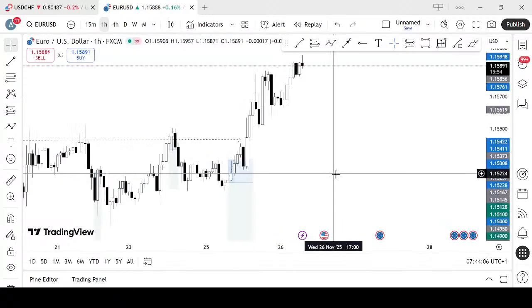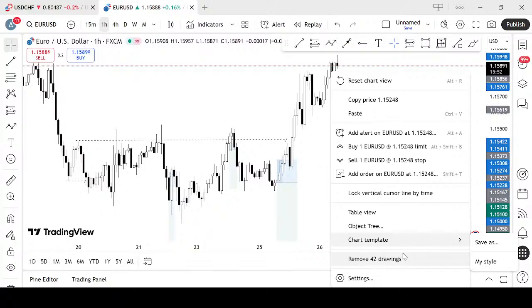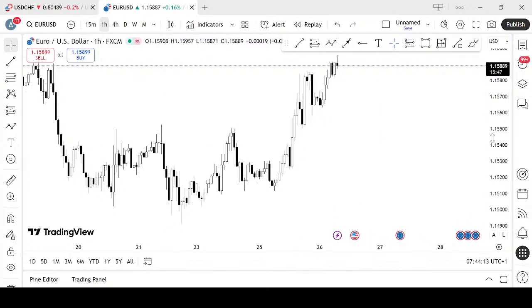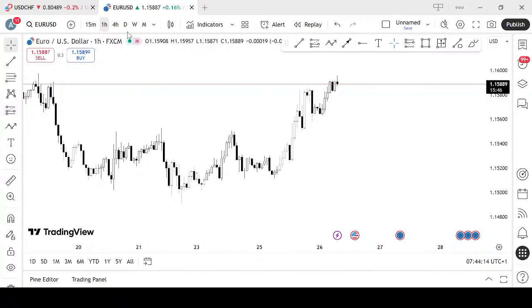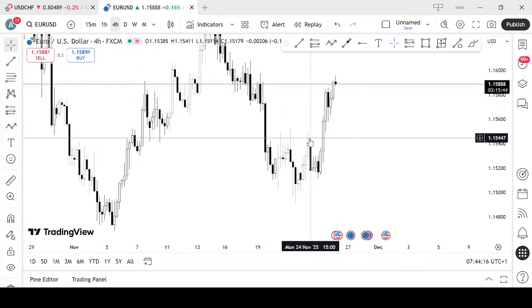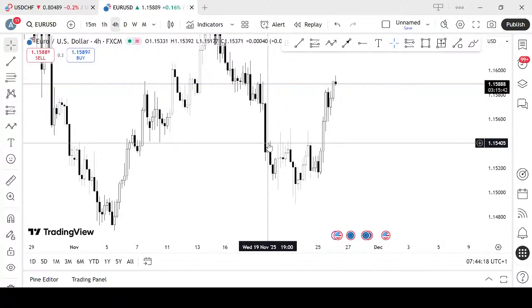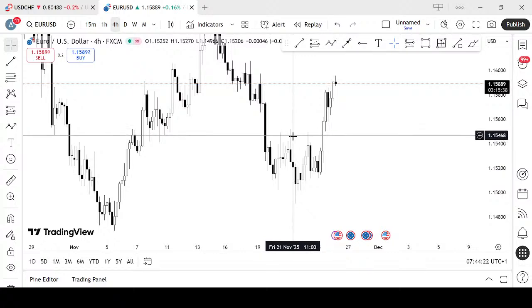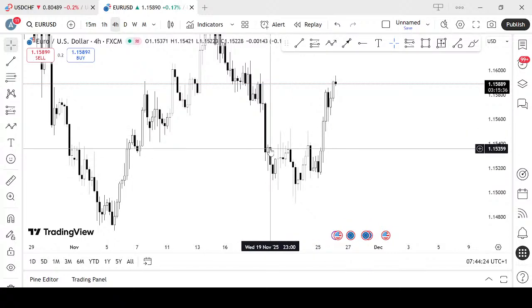On EURUSD, similar. We've broken to the upside also. This is the same low. This is the high.